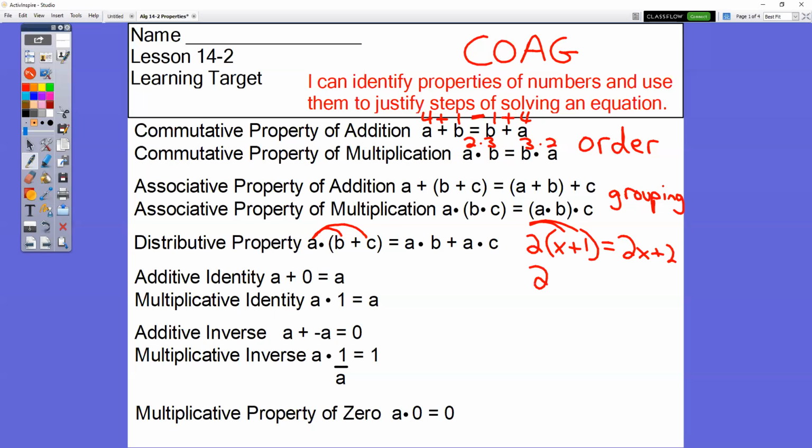If we had one that looked like this instead, this would be a multiplication over subtraction, because we'd be doing 2 times x and 2 times 1, but we're doing -1, so this would be a -2. So sometimes they're very specific, sometimes they're very general. You have to pay attention. If they do the over addition or over subtraction, make sure you're matching up the correct one with the correct signs.